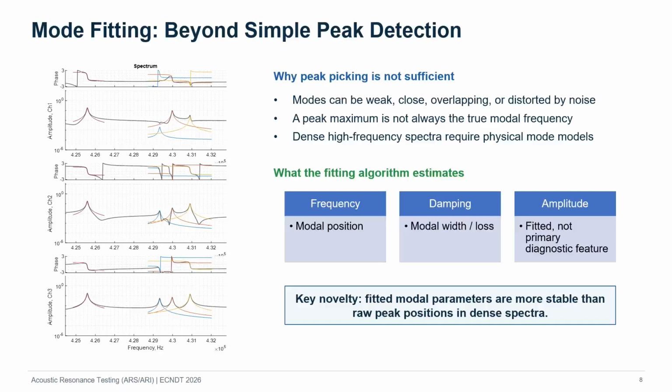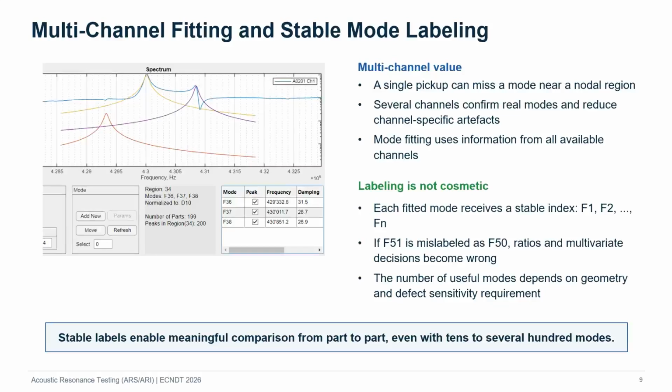For the final decision, frequency and damping are the main diagnostic features. Amplitude is fitted, but it is not the primary diagnostic feature. This gives more stable modal parameters in dense spectra. Multi-channel acquisition improves confidence. A single pickup can miss a mode if the sensor is close to a nodal region.